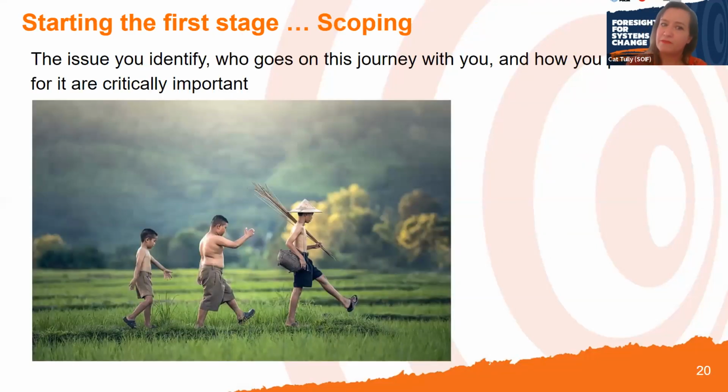Because what you're effectively doing in this first stage is identifying who goes on this journey with you and how you plan for it to create transformational change. And you are often, in the work that you do as members of the UN system, creating networks for transformational impact. We are often working on issues around human rights, women's rights, food security.